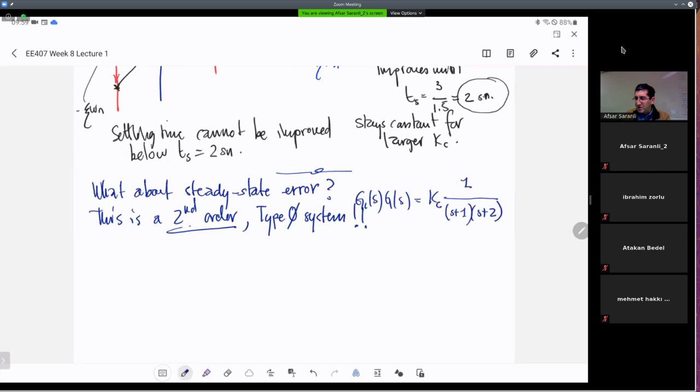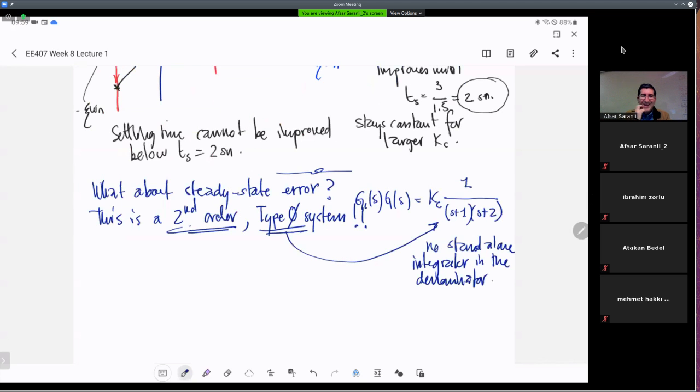It's second order. Don't confuse the order with the type. Type 0 because no standalone integrator in the denominator, right? So that's correct. It's a type 0 system, so we will have a steady state error.